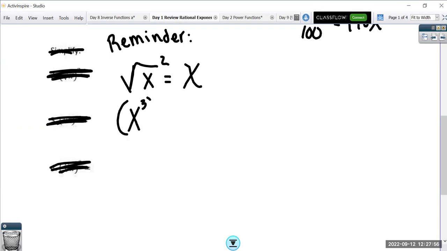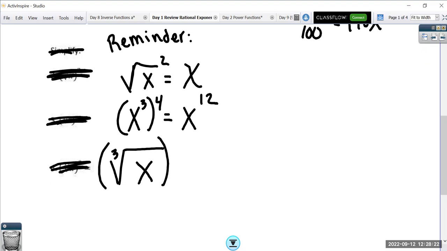If I have x cubed raised to the 4th power, if I have a power being raised to another power, we multiply our exponents together. The same way when the square root of x is squared, if I have the cube root of x cubed, that's another inverse operation. So we get back to x again there as well.